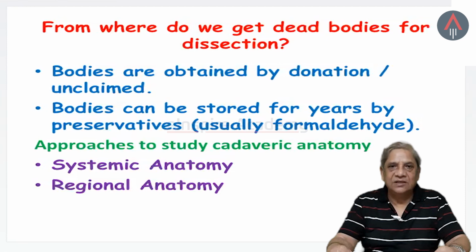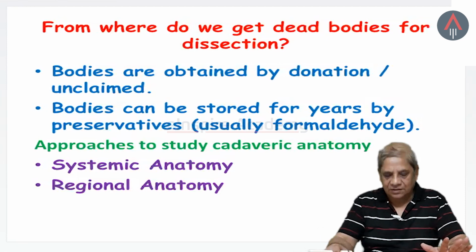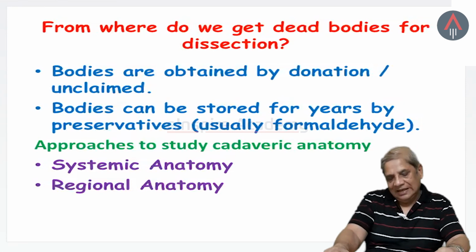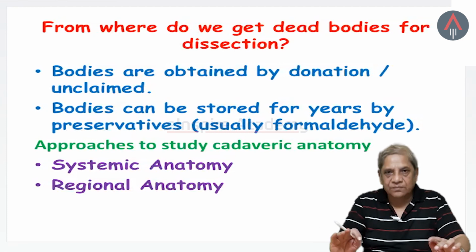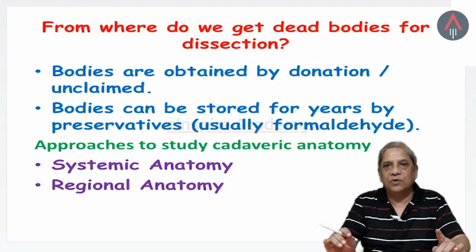Then you will see various nerves, muscles, bones and joints of the upper limb in that particular region, and that is the regional anatomy. That way we need only one body to learn the anatomy of the complete human body.